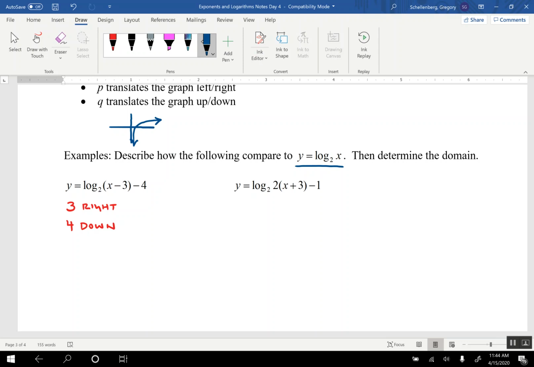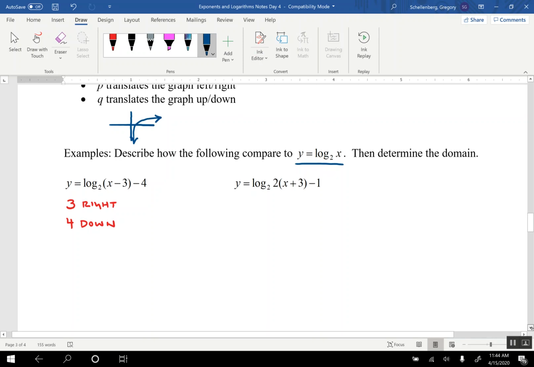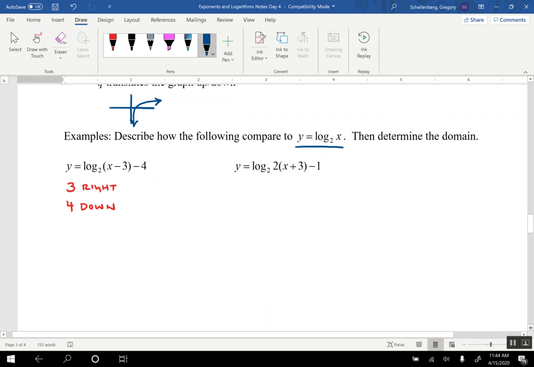The domain of that base function, log base 2 of x, is values of x that are greater than 0. Now we've shifted this graph 3 units to the right. That's going to impact our domain. So we will say values of x that are greater than 3.